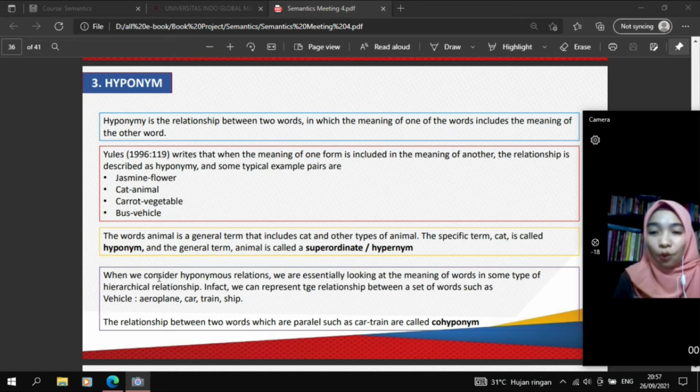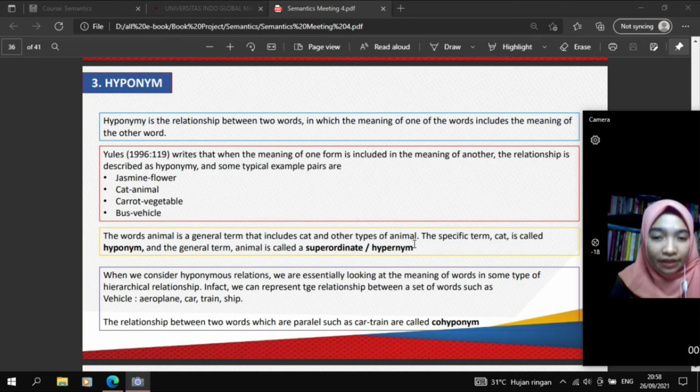Okay. Now, remember, there are also notes. When we consider hyponymous relations, we are essentially looking at the meaning of the words in some type of hierarchical relationship. In fact, we can represent the relationship between a set of words such as vehicles: airplane, car, train, ship, right? The relationship between two words which are parallel, such as car, train, is called cohyponym.